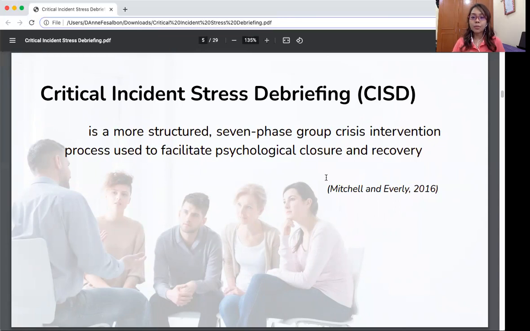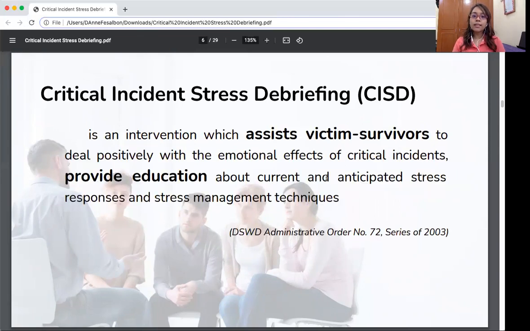With the title itself, debriefing, this is a 7-phase group crisis intervention. And it is also an intervention which assists victim survivors in dealing positively with the emotional effects of critical incidents, such as, like what I mentioned earlier, floods, eruptions, or any natural disasters.